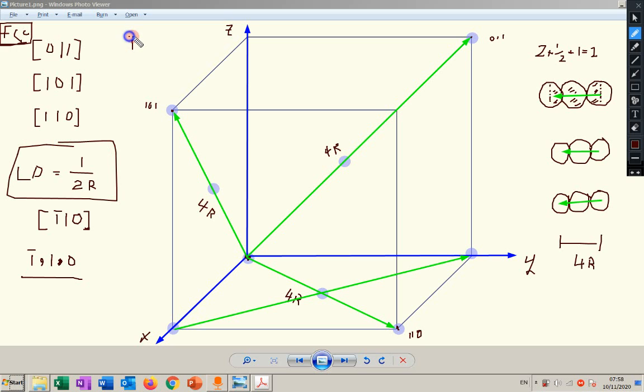I say minus 1, minus 1, 0, or minus 1, 0, minus 1. Still the same family. Why? Because 2, 1, 1, 0. And then you can go combination between them, minus 1, minus 1, 0, and you can continue the rest of them.